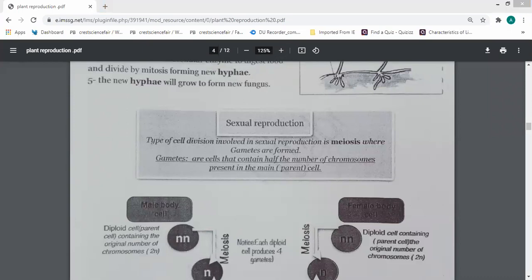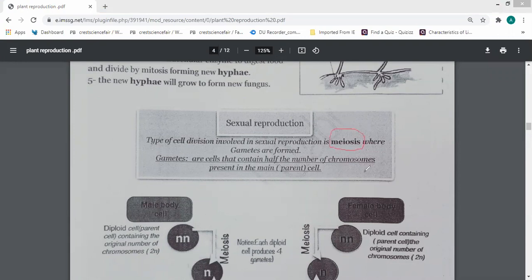sexual organs, whatever the type of living organism, and this sexual reproduction occurs by meiosis division. Who can tell me why this type of reproduction occurs by meiosis division?